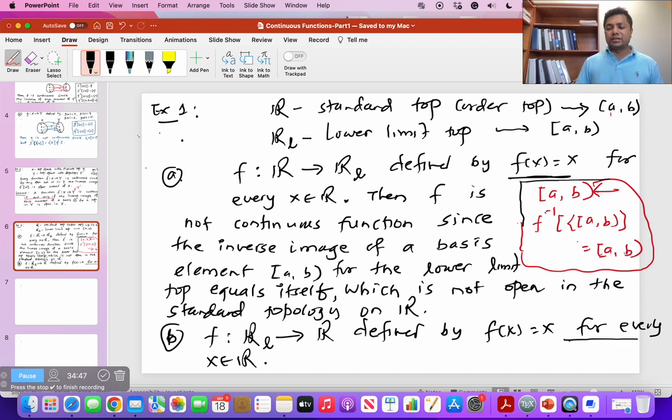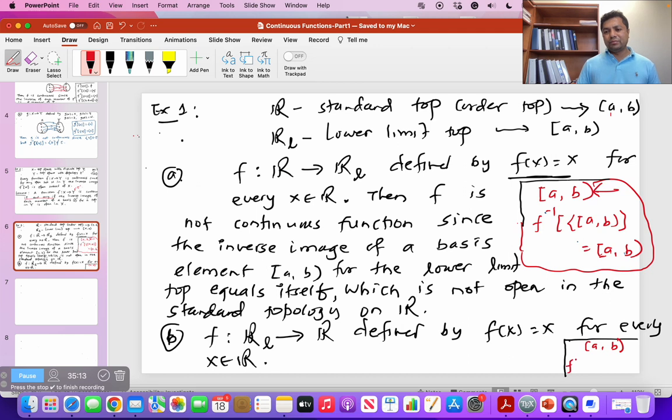If it is continuous, according to that lemma, the inverse image of a basis element in the standard topology on R has to be open in the lower limit topology. And we know that the basis elements for the standard topology on R are the open intervals of this type.